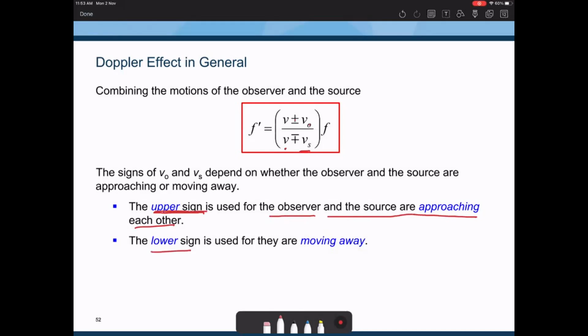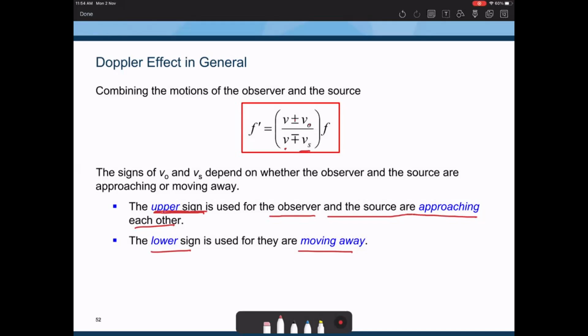Lower signs are for the case when they are moving away. So if one is moving away and the other one is approaching, then you have to be careful which one is moving away, which one is approaching.